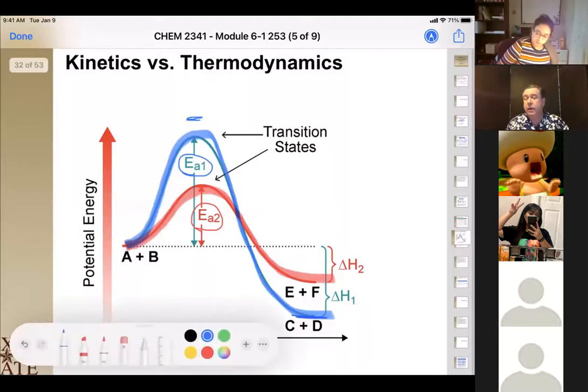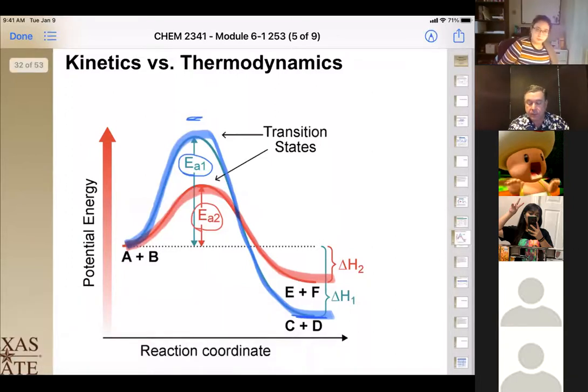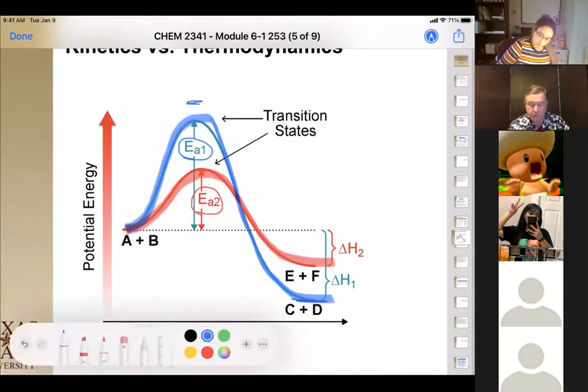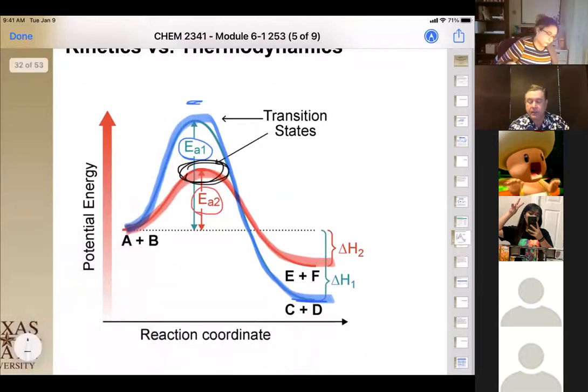It also tells us that if we heat the reaction up, we have the possibility of forming products we don't want. Because if we heat it up too much, energy above the transition state we're trying to hit, if we go much higher than this, we're going to start to hit another thing. And so we're going to get different products.